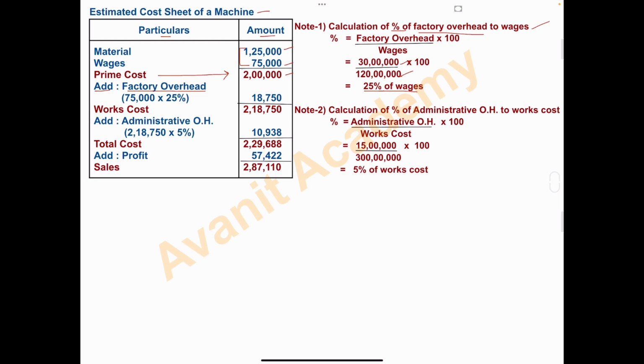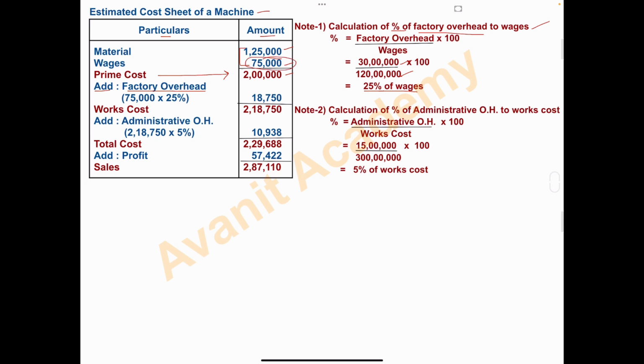Come to this estimated cost sheet part. Right here, add factory overhead. So factory overhead, how much we have to charge? 25% of wages. So wages amount is, see in the estimated cost sheet, wages amount is 75,000. Yes.